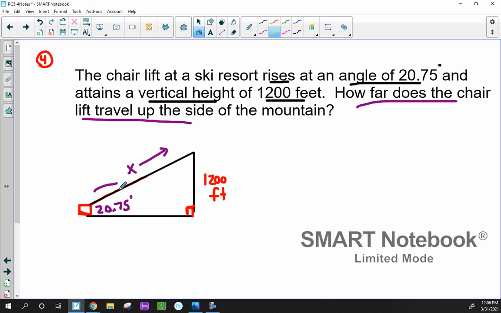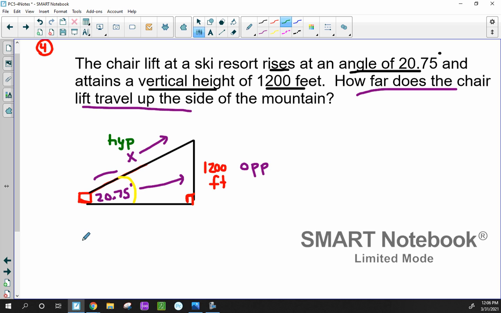So this is the angle that we're going to use. Across from it, opposite, is 1,200. So this would be the O, or opposite side. And what we're asked to find is actually, in this picture, the hypotenuse. And so the definition for O over H is going to be sine.